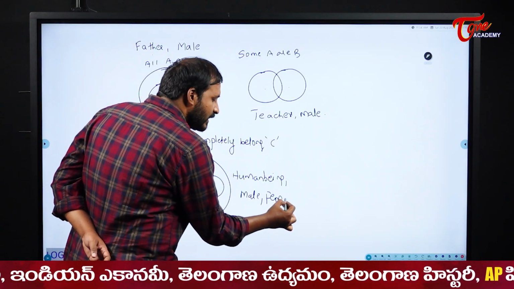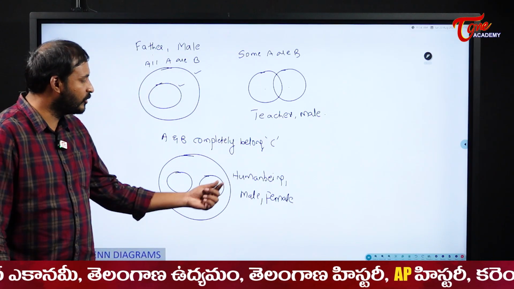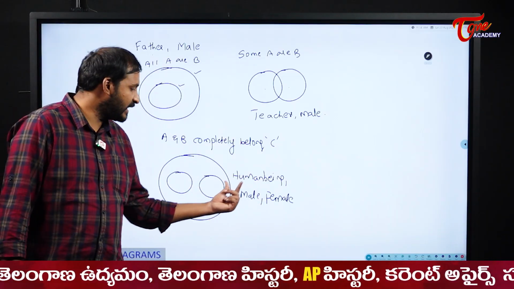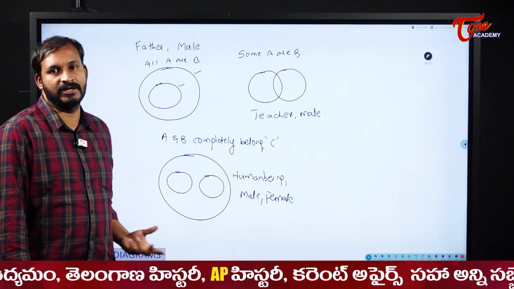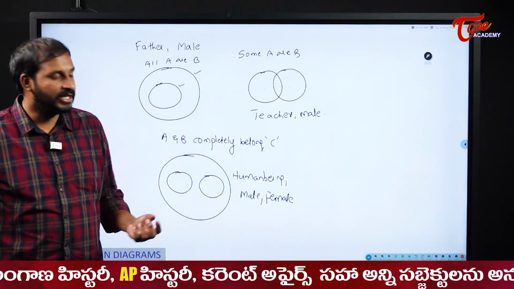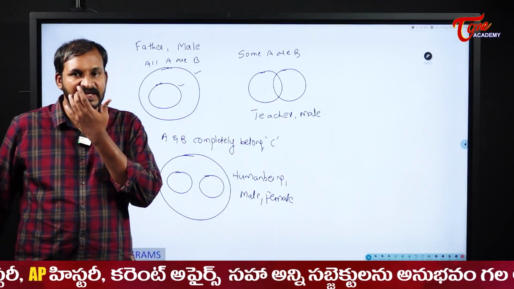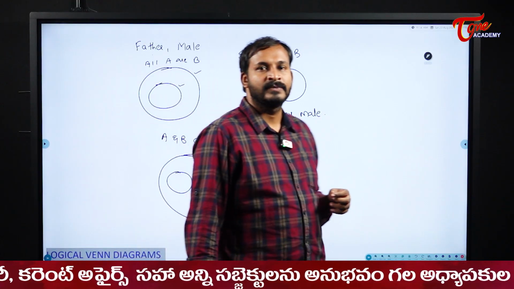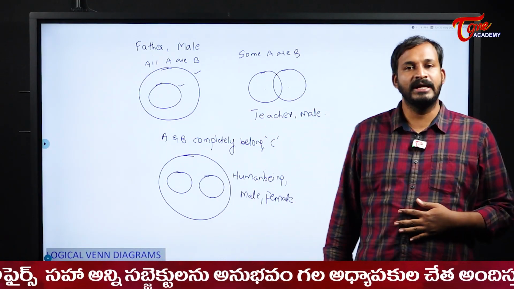Human beings, male and female. Here students, we all know human beings is the largest group. Inside that male and female are two different groups, and there will be no intersection between male and female.